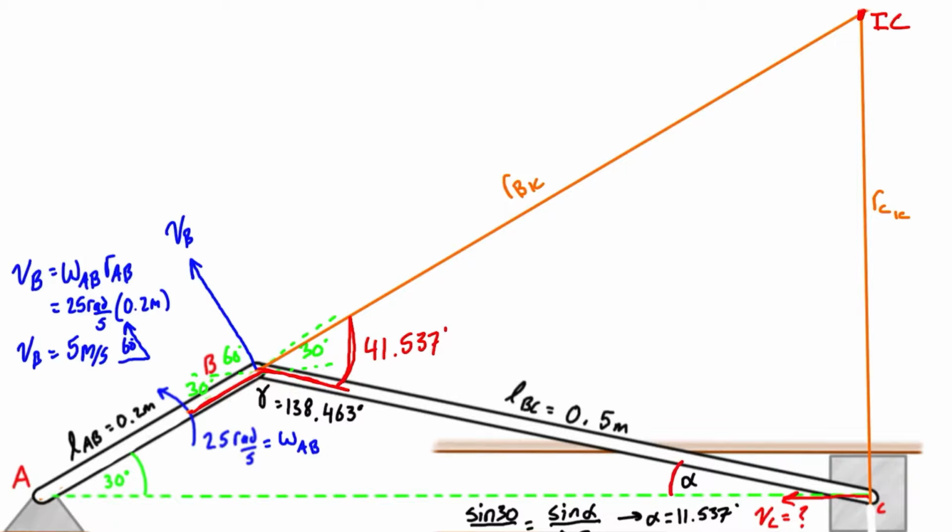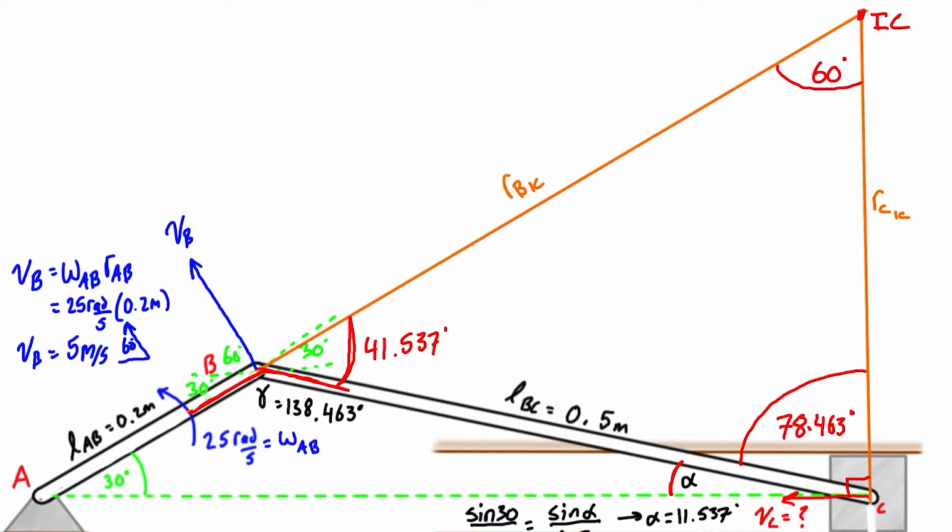Same in here, we found alpha to be 11.537, and this is a right angle, so 90 minus that gives us 78.463 degrees for this angle. And then 180 minus 78.463 minus 41.537 gives us this last angle of 60 degrees.